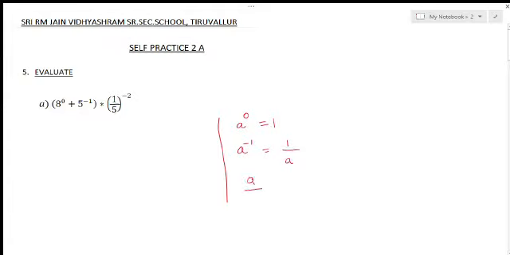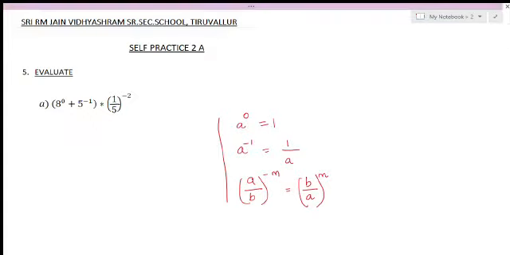Next one, (a by b) whole power minus m. So again negative exponent, so the number will become the reciprocal, (b by a) whole power m. It will change to a positive exponent. Now 8 power 0, any number to the power of 0 is 1, plus 5 power minus 1.